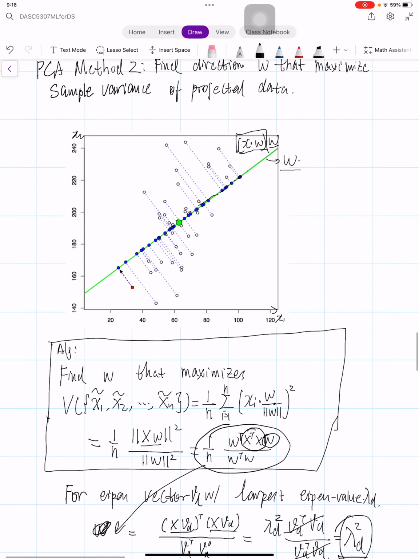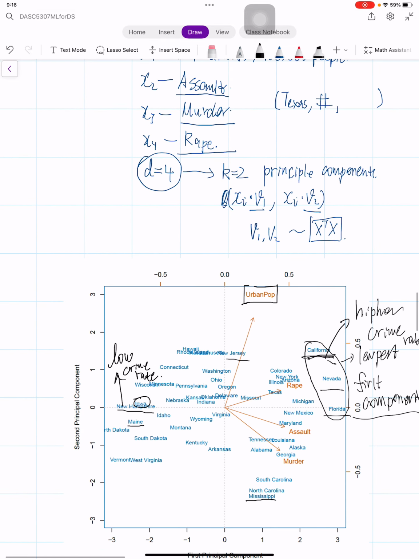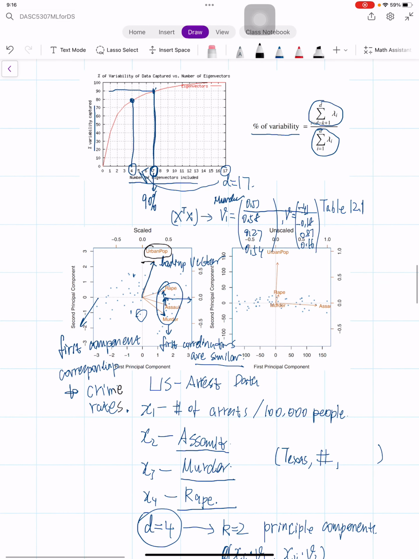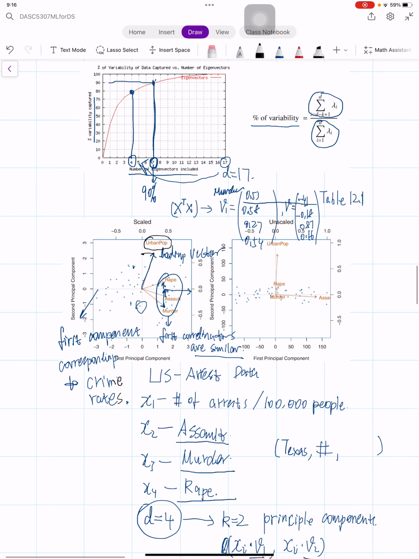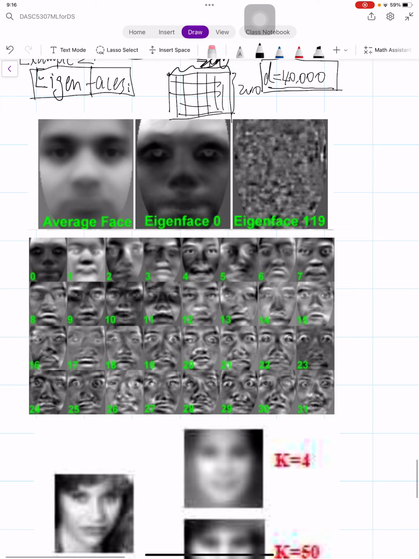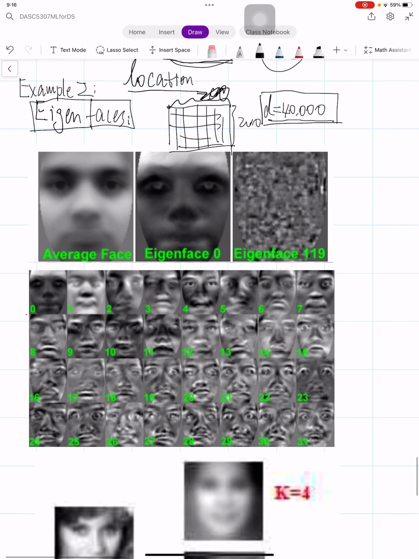This is like the loading vectors for the arrest data. We can also calculate the loading vectors for the pictures. So that's how we get the first component, second component, third component, up to the 31st component.